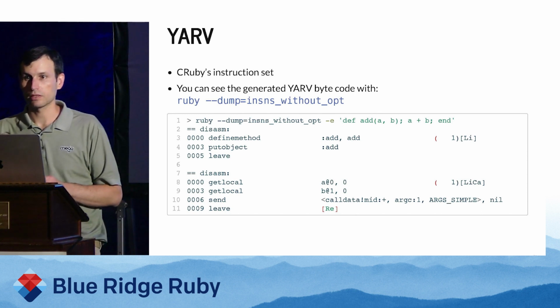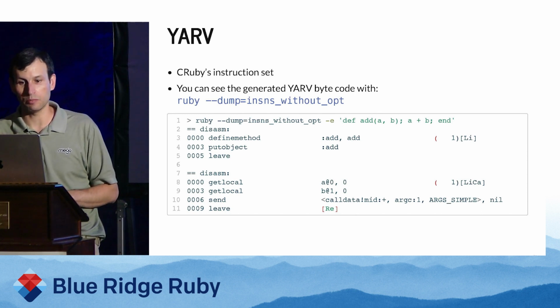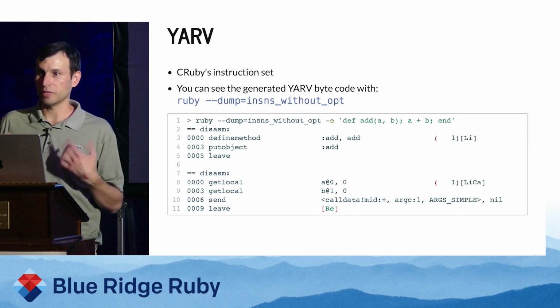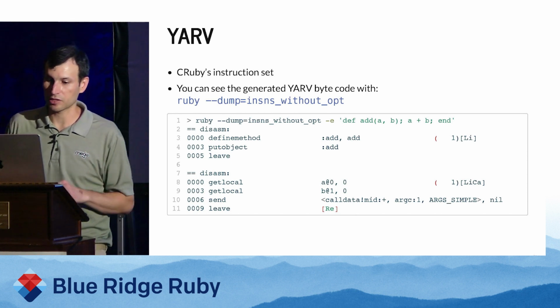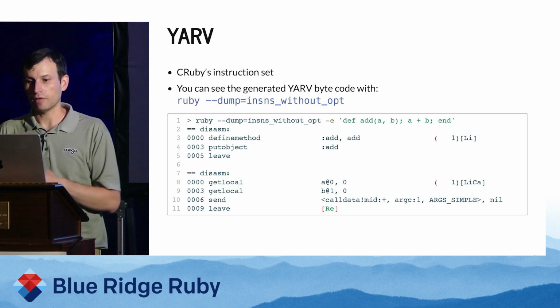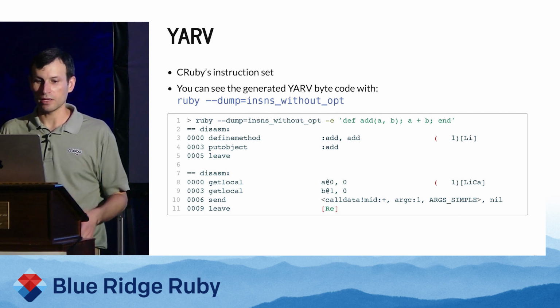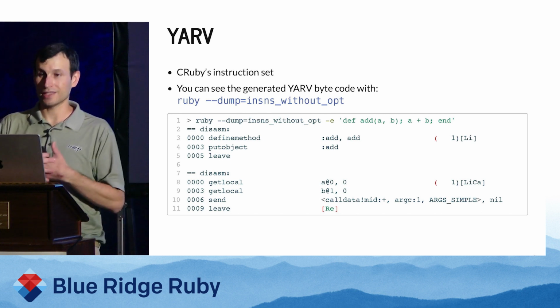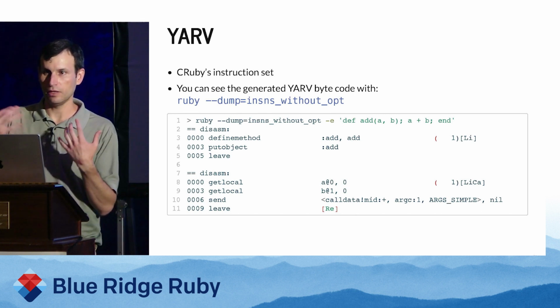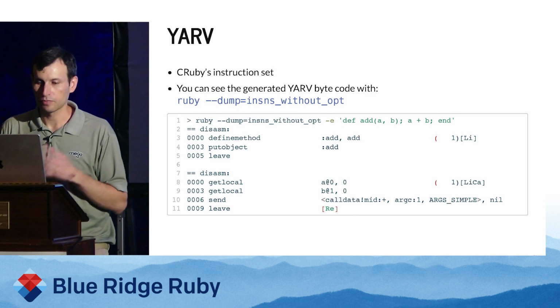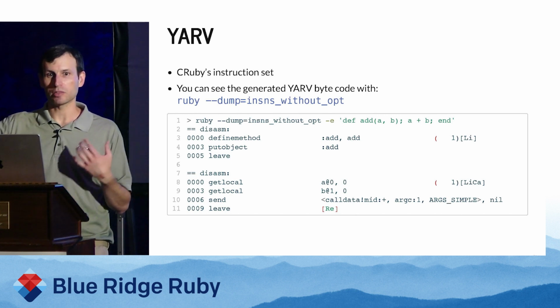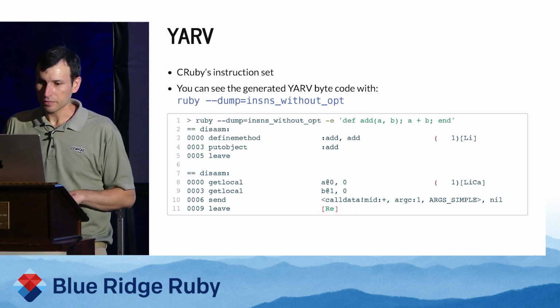So C Ruby comes with this --dump option, and you can give it different arguments that impact how it'll process code. Here we have a very simple inline addition function, and we can see in the output that it's generating a send instruction. This will be a particular instruction in the YARV bytecode that is responsible for invoking methods.